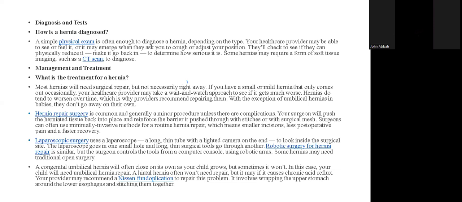All right. And so more often than not, you go through a surgical operation. So when the surgery is done, that thing is repaired. Or sometimes you can do laparoscopy. Laparoscopy is minimally invasive.